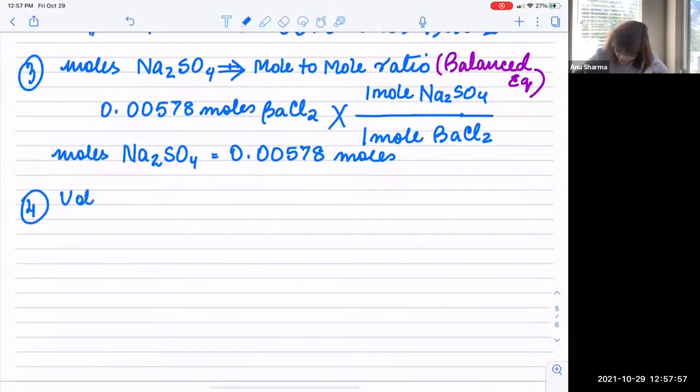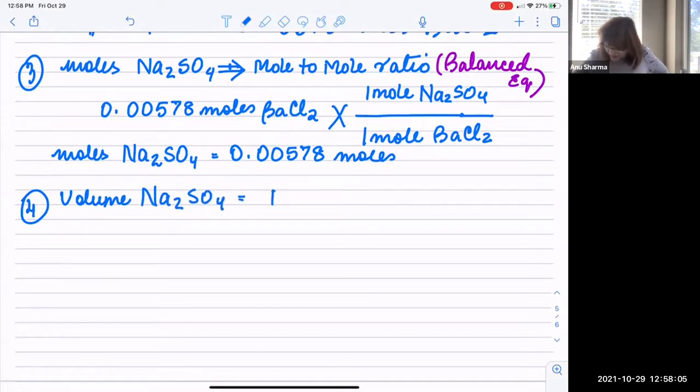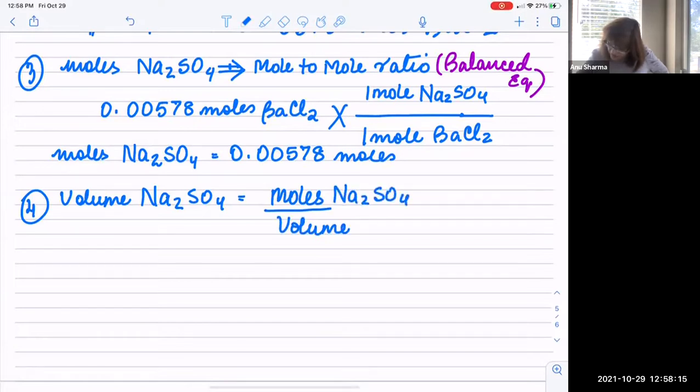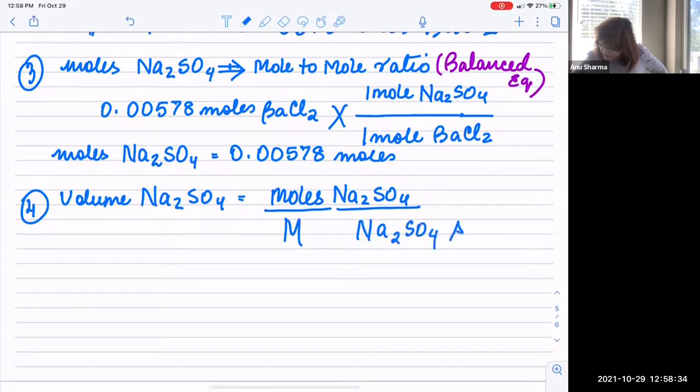The volume of Na2SO4 is equal to the moles over the molarity. Sorry, not the volume, the molarity of the Na2SO4 solution.